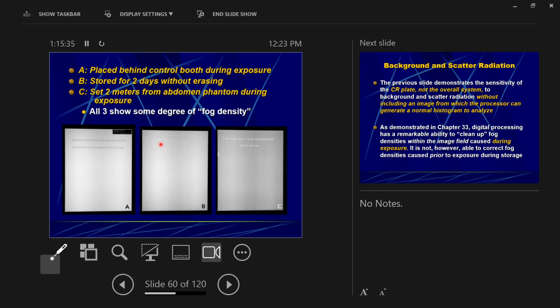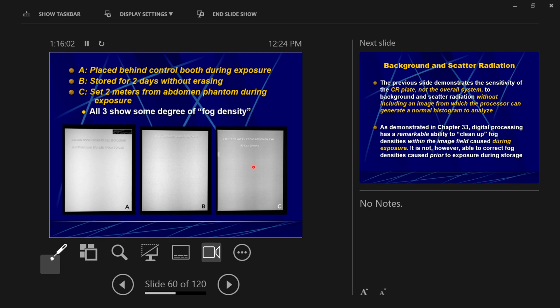Plate B was stored for 2 days without erasing, and notice it's a little bit darker than plate A. Plate C was set 2 meters from an abdomen phantom during an exposure. So plate C was like I'm standing in the room during the exposure, which we don't do. Plate C is the darkest.